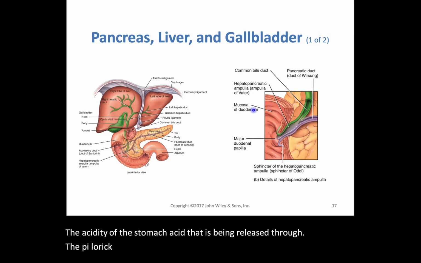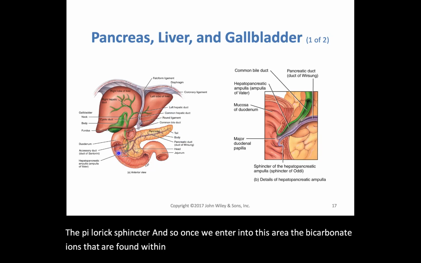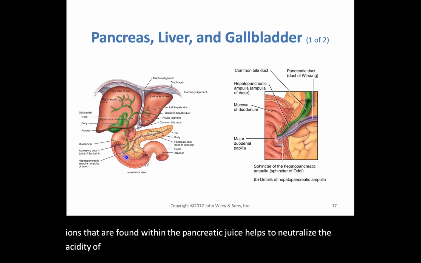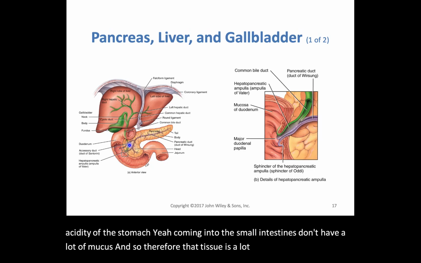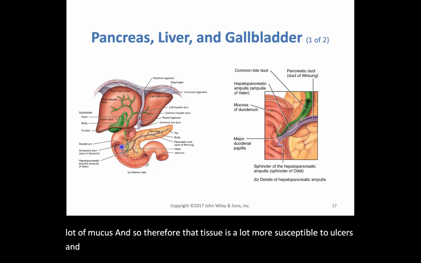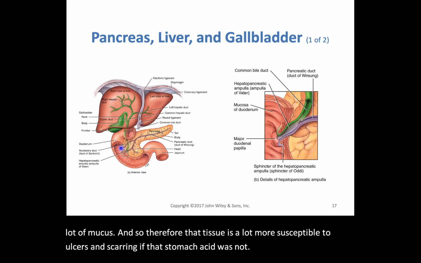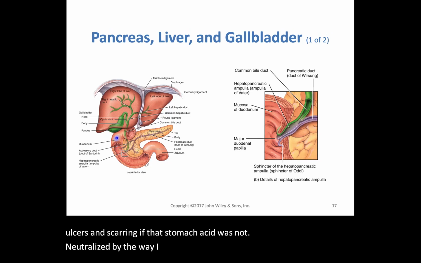And so once we enter into this area, the bicarbonate ions that are found within the pancreatic juice help to neutralize the acidity of the stomach coming into the small intestines. Small intestines don't have a lot of mucus, and so therefore that tissue is a lot more susceptible to ulcers and scarring if that stomach acid was not neutralized.